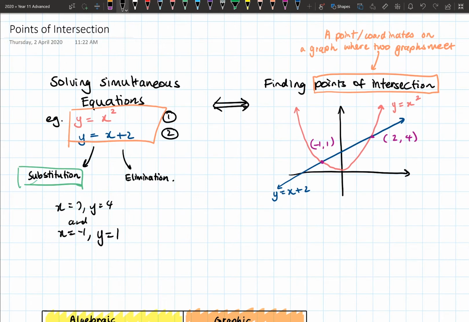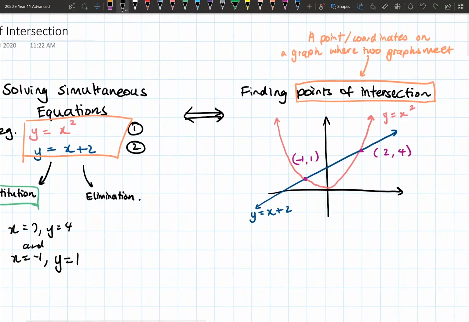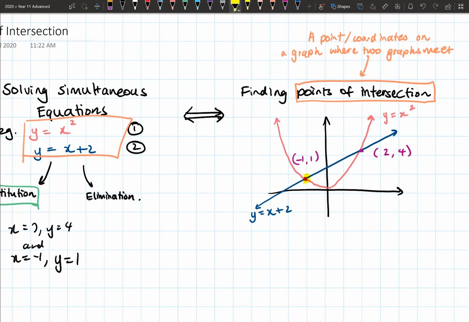We're going to link that to what solving simultaneous equations looks like if we were to put this on a graph. If we graph these two equations, on the right I've graphed y is equal to x squared in red, and the line y is equal to x plus 2 in blue. Those two graphs touch each other at two points, -1, 1 and 2, 4.